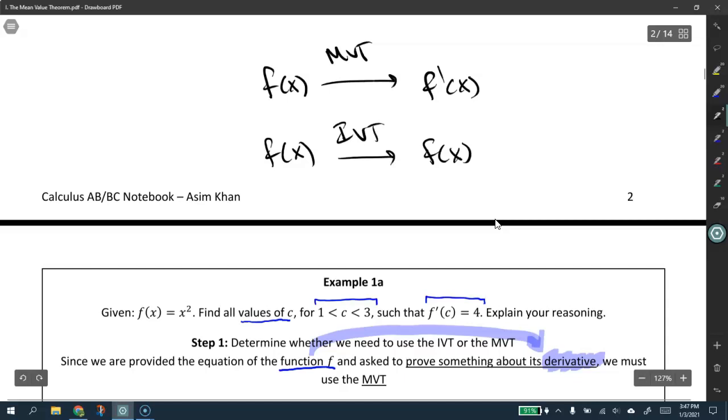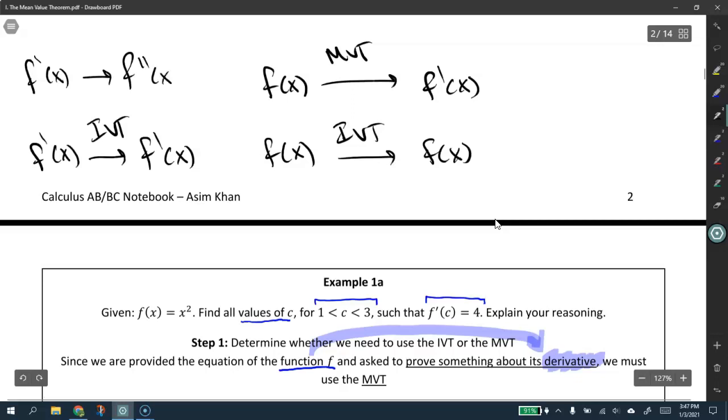Now, this can get kind of interesting sometimes. Let's suppose that you had the derivative and you had to prove something about the derivative. Because the mode never changed, that's still IVT. Let's suppose that you had a derivative and you had to prove something about its derivative, meaning its second derivative. Now that would be MVT. Every time the derivative process is involved, that is an MVT question.